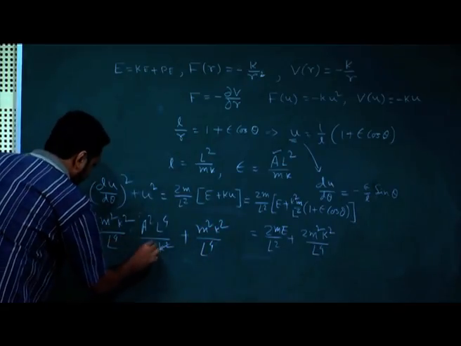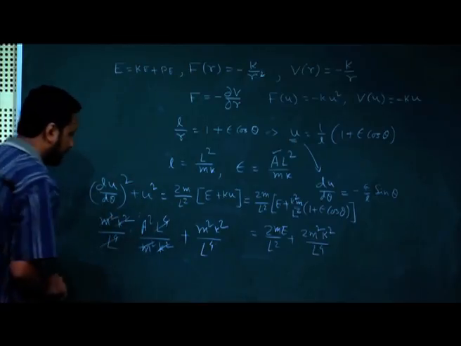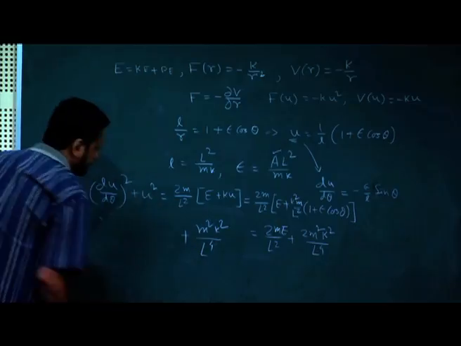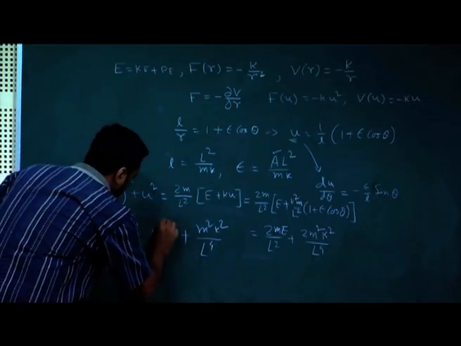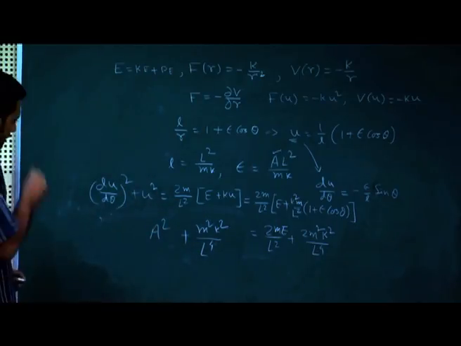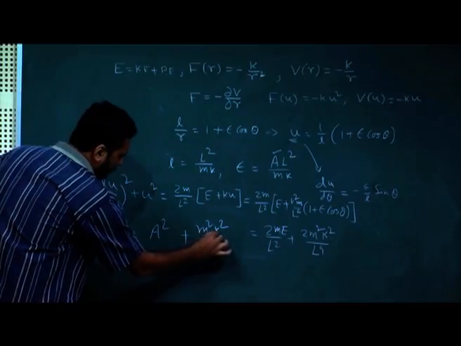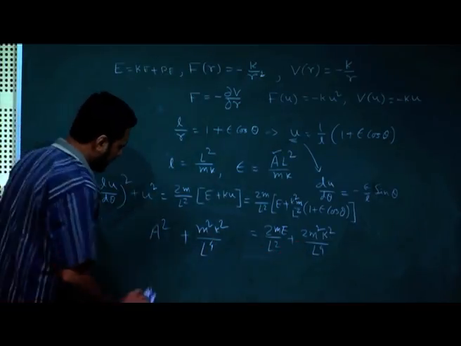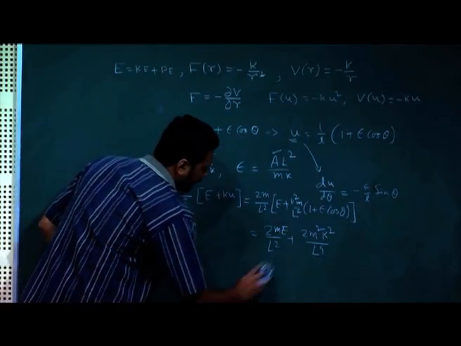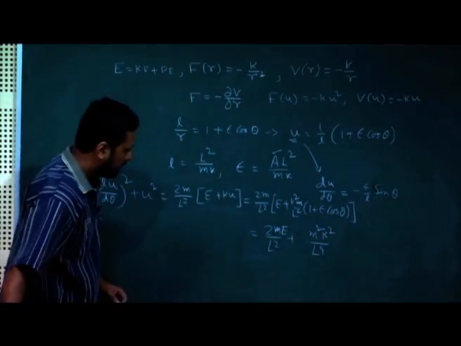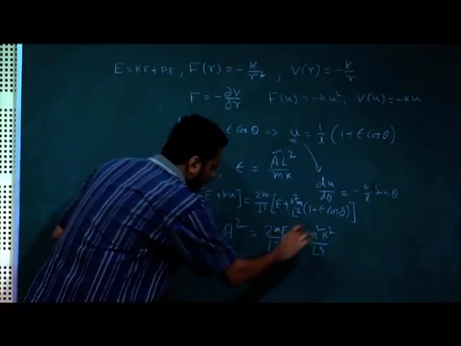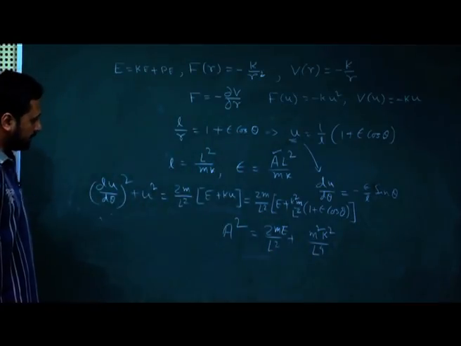Here, all this cancels out, leaving only s square in the left hand side. So, we can rearrange this to make s square equal to this.